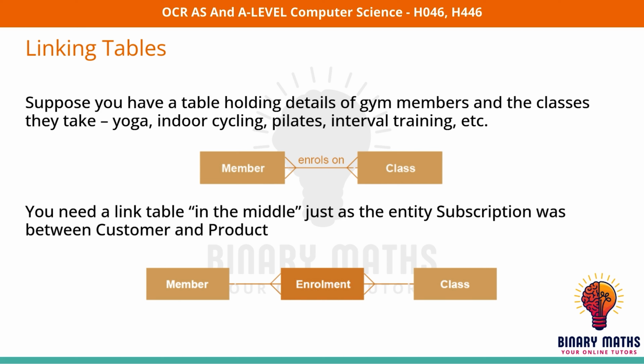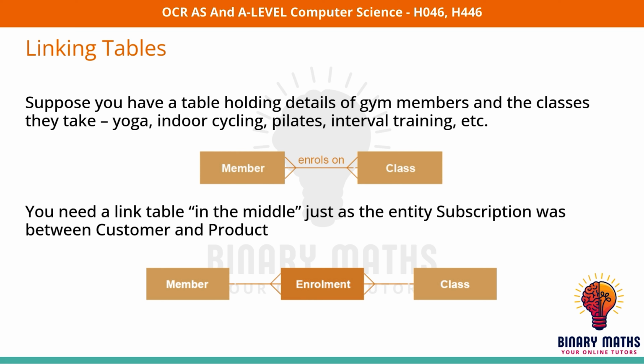The member classes table would have two foreign keys, one pointing to the members table, let's call it member ID, and one pointing to the classes table, let's call it class ID. This way, each record in the member classes table represents a specific member attending a specific class.